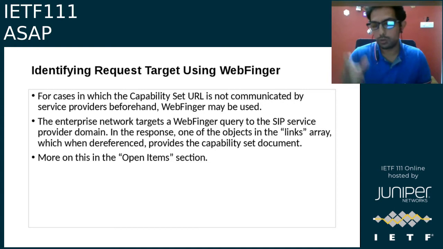In one of the responses from the link array, the service provider can indicate that the capability set document is located at a particular URL, which when referenced by the enterprise, they acquire the capability set. I'll be talking a little more about this in the open items section, because we are thinking about defining a new link relation type for this. Next slide, please.